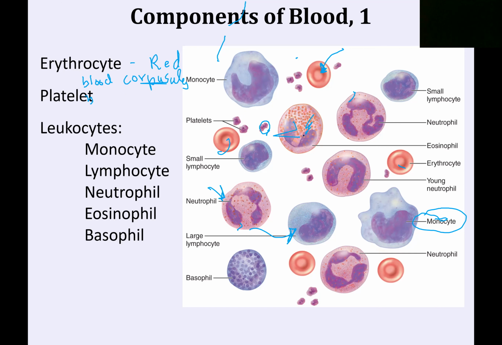Eosinophils are less numerous, and then the least numerous are the basophils. So 5 different kinds of leukocytes. And again, these are the formed elements.